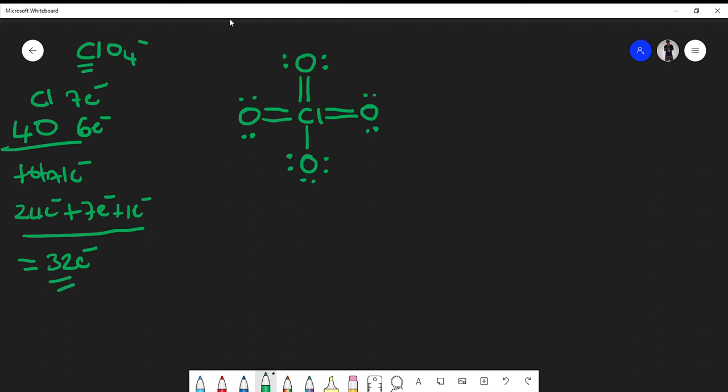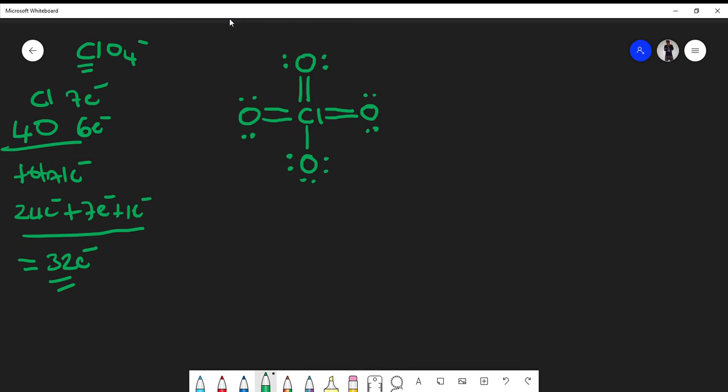So let's count the total number of electrons used. This becomes 2, 4, 6, 8, and we have 3 of these, so 3 times 8 is 24, then 26, 28, 30, 32.